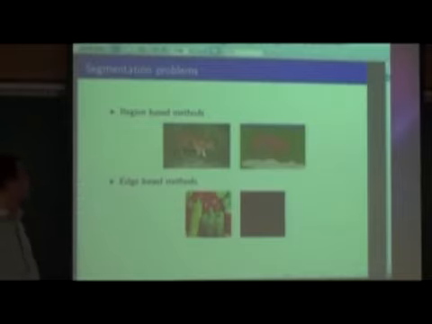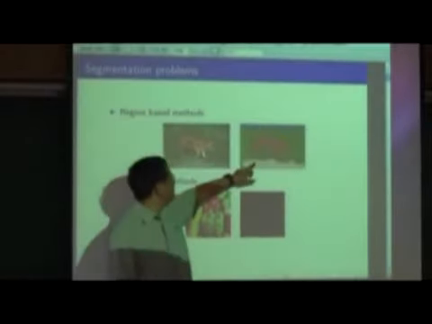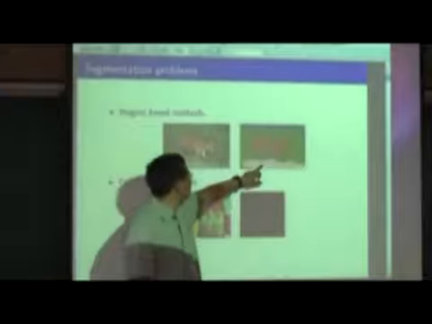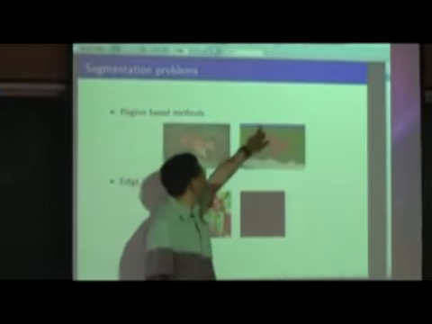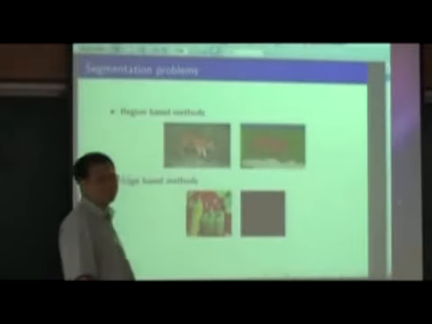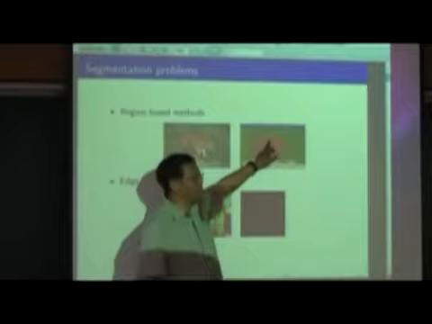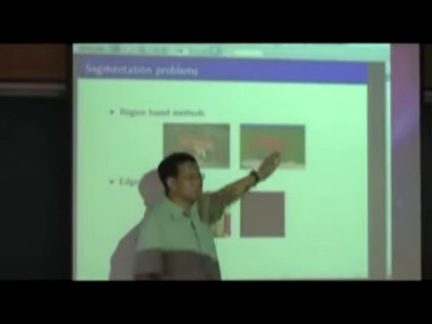Region-based methods: you give this image, and you segment it into this one. So there is region 1, region 2, region 3, region 4. You have different components. Why are all the points here in one region?